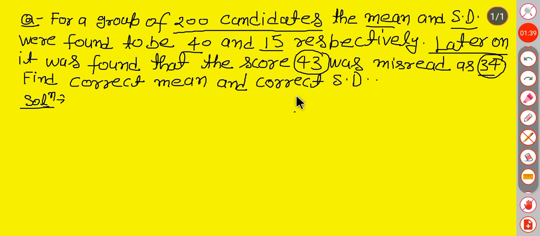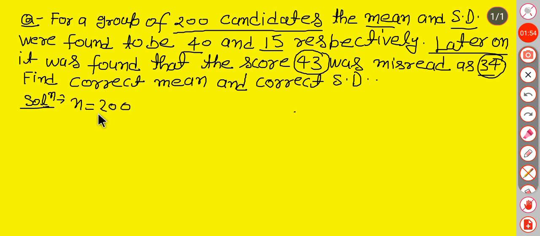See how you will find it. First of all, we see the data that n is 200, that means there are 200 observations. X bar, that means mean, is 40, and standard deviation is 15.